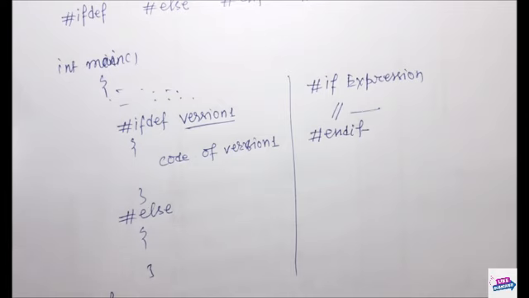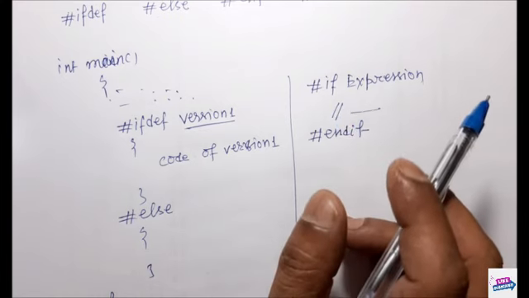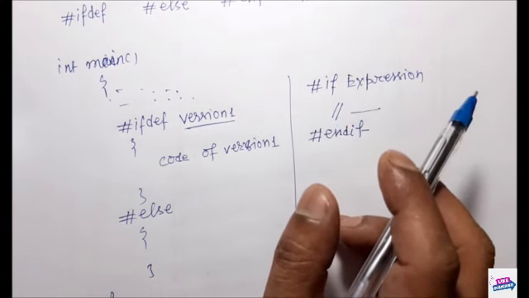Here the expression is of integer type, it may be anything. The code will be included only if the expression evaluates to a non-zero value, meaning the condition is true. Otherwise it will not be included.